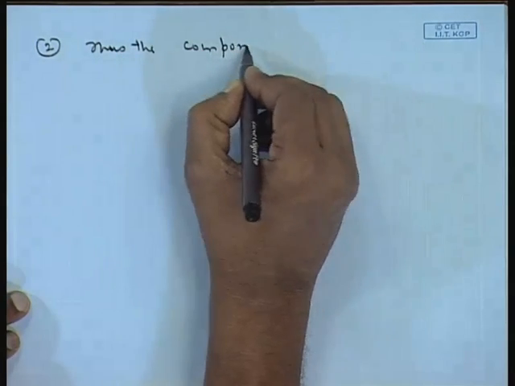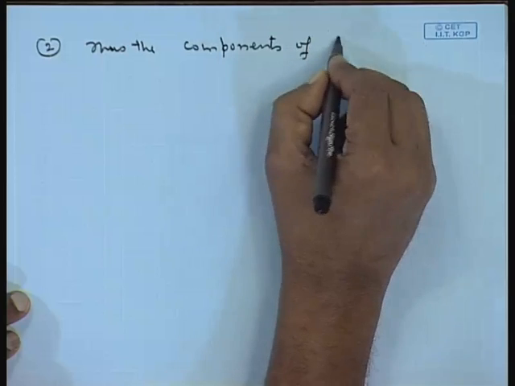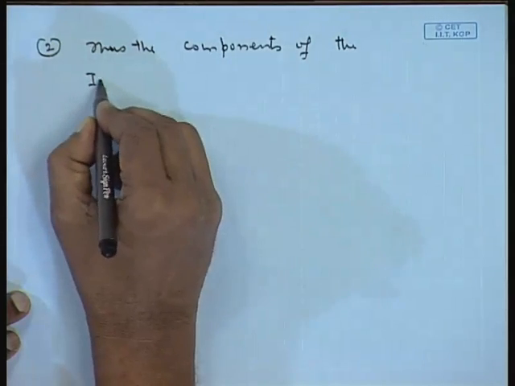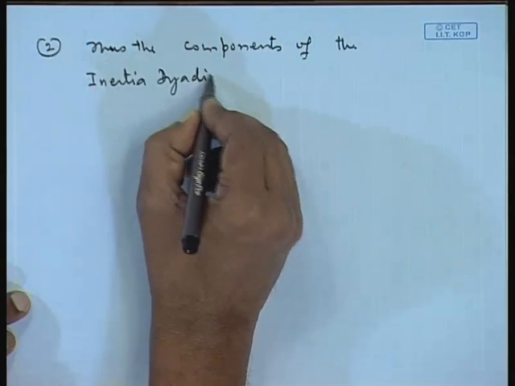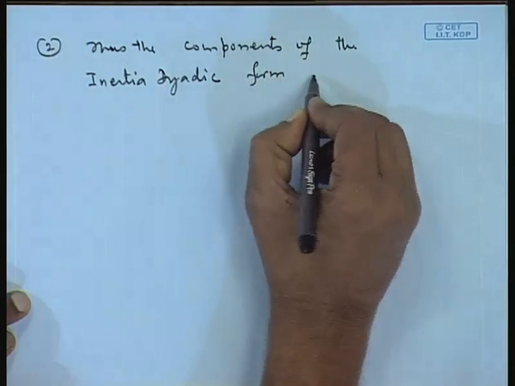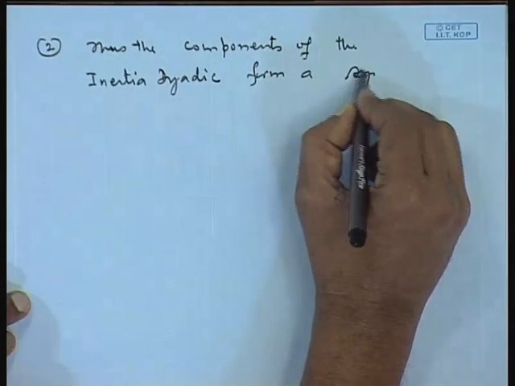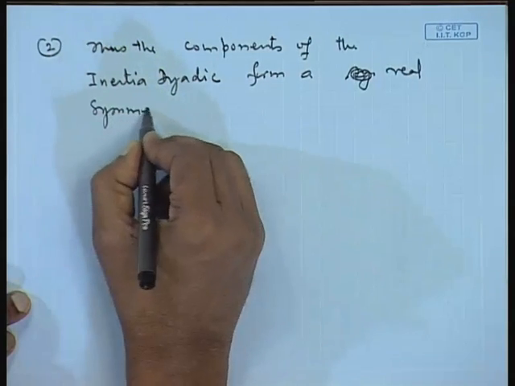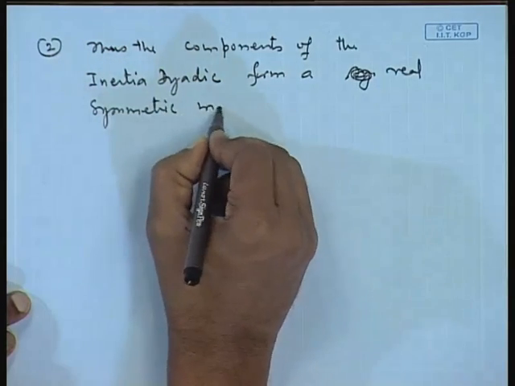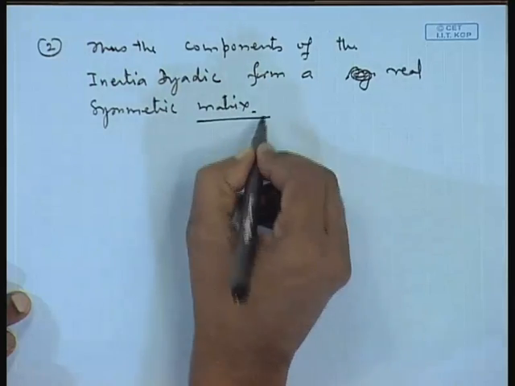Thus, the components of the inertia dyadic form a real symmetric matrix. So, here we are talking about the magnitude part.